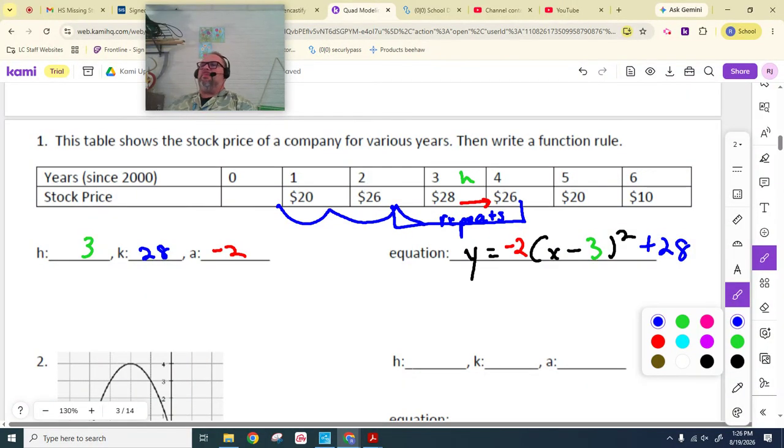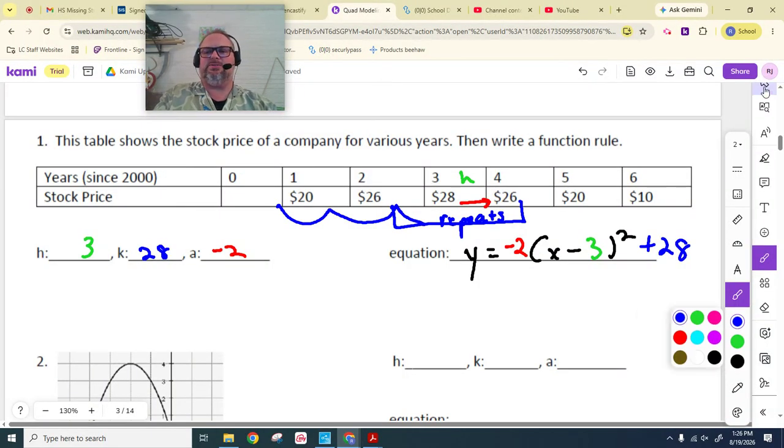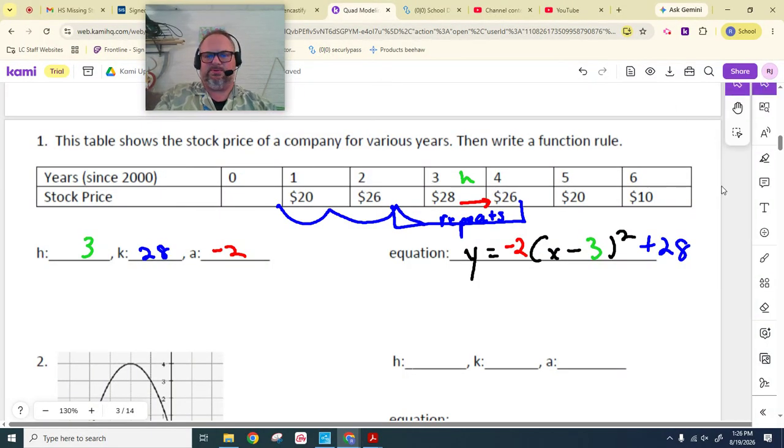All right. Now, if you're like me, I believe that the charts are easier to write these equations from. All right. So, the graphs are usually what people kind of struggle with the most.